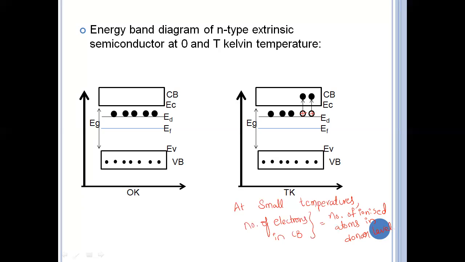This is the condition we are supposed to use for the derivation of the carrier concentration of N-type semiconductors, which states that at small temperatures itself, the number of electrons in the conduction band is equal to the number of ionized atoms in the donor level. Depending upon this condition only, we are going to derive an expression for carrier concentration of N-type extrinsic semiconductors.